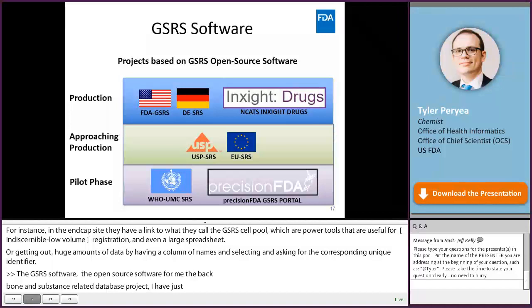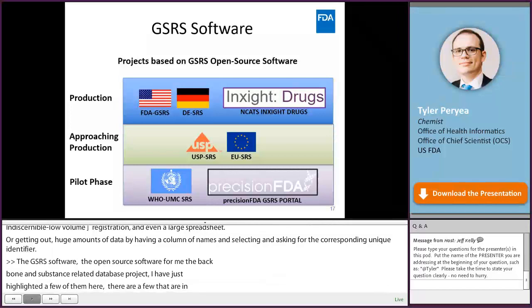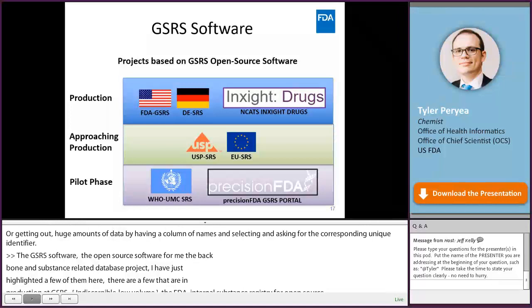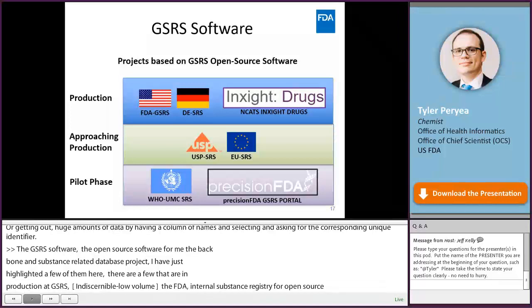Usually, there's some customization that happens. The FDA's internal substance registration system uses this open source software with some customizations. Germany does something very similar with their own customizations, and then NCATS uses the software just as a read-only version for public consumption, annotated with some additional information about drugs.